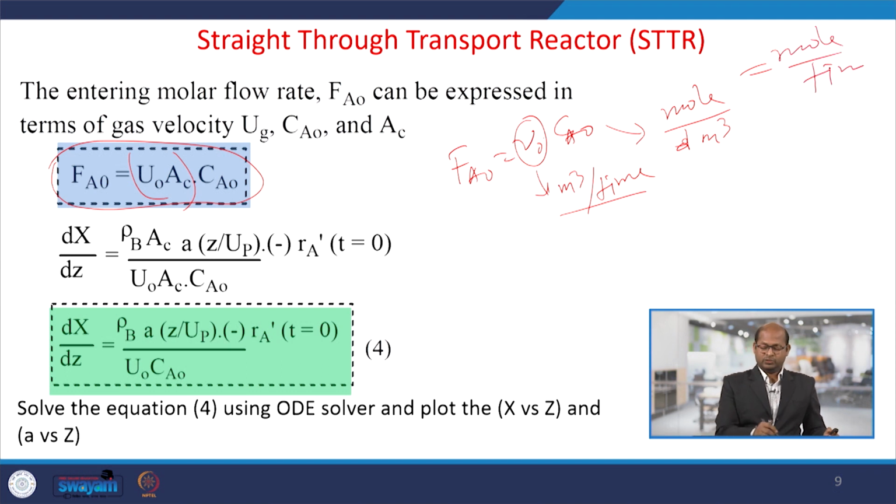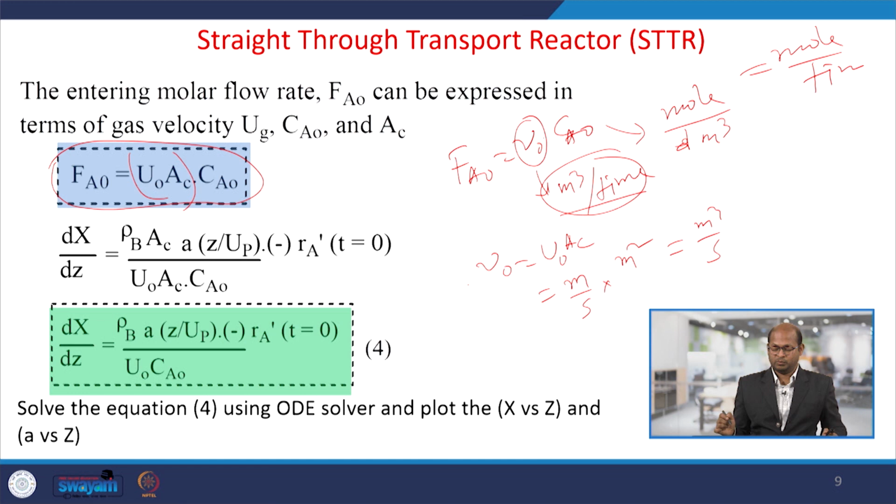If you know the velocity and the cross-sectional area, the velocity has units of meter per second and the cross-sectional area is meter square, so it would be meter cube per second. So the volumetric flow rate has units of meter cube per unit time. So F_A0 we can write as u_0 into A_c into C_A0.